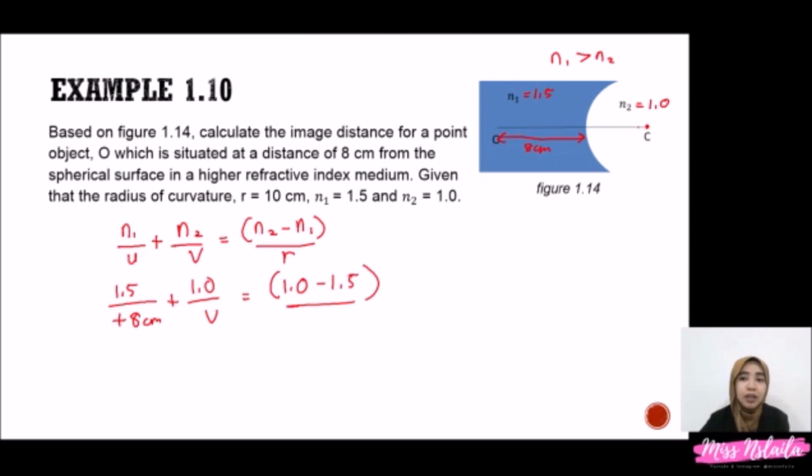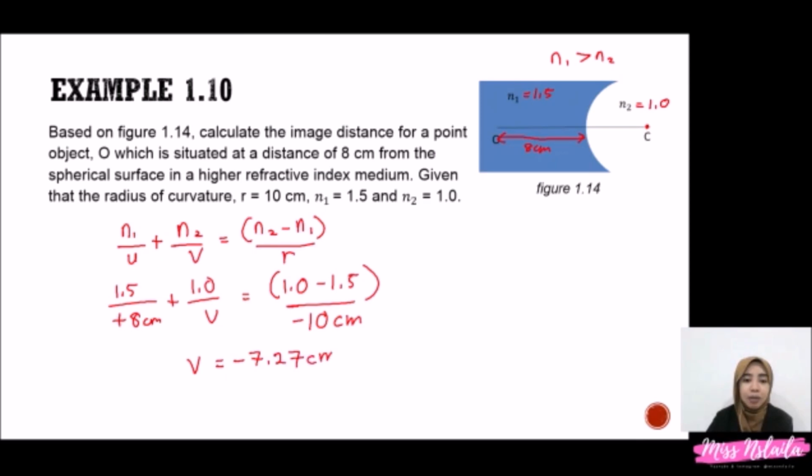From this figure, point C is situated in the less dense medium. So R will be negative 10 centimeter.